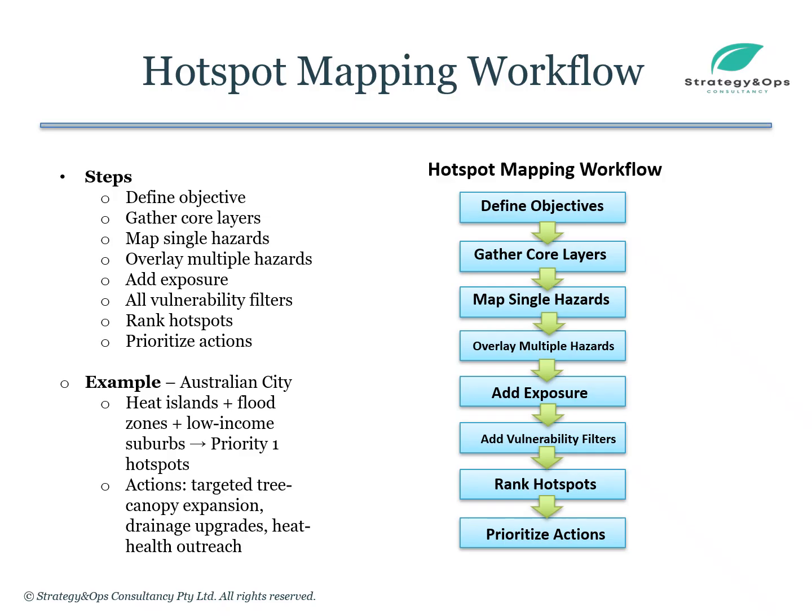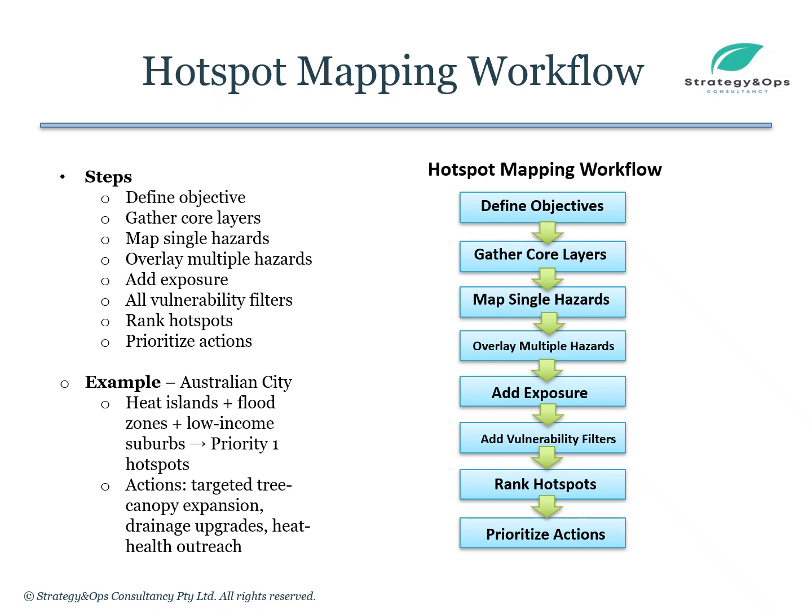To illustrate this, consider a practical example from an Australian metropolitan area. The city followed this exact workflow to guide climate resilience investments. Define objective: the city aimed to target funding for cooling, drainage upgrades, and community heat health support.